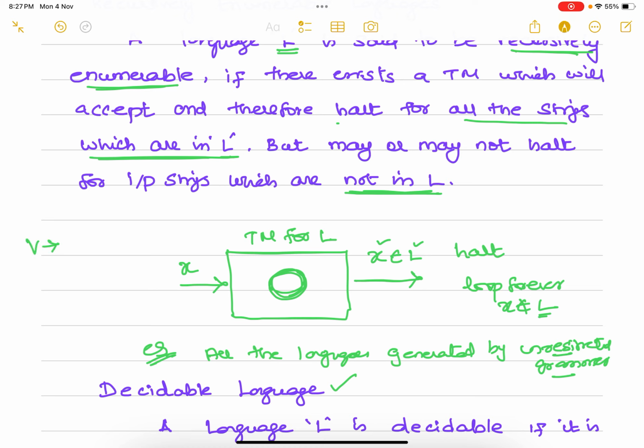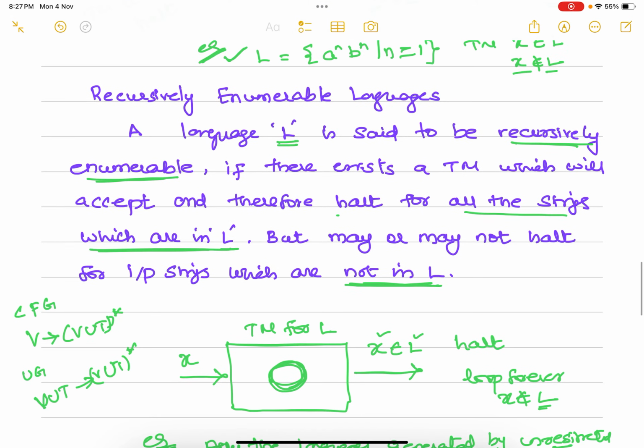Context-free grammar will have a set of non-terminals and terminals in each production. In unrestricted grammar, you will have both terminals as well as non-terminals on the left-hand side, and also terminals and non-terminals on the right-hand side. We'll have any combinations like this. This is what an unrestricted grammar is. So any language that is generated by an unrestricted grammar falls under the category of recursively enumerable languages.